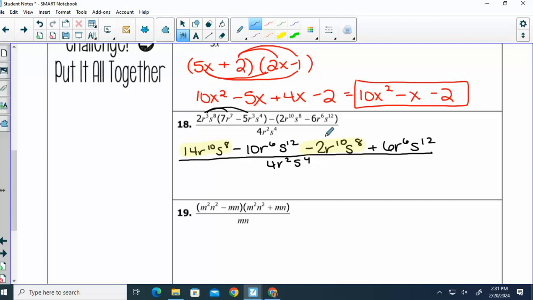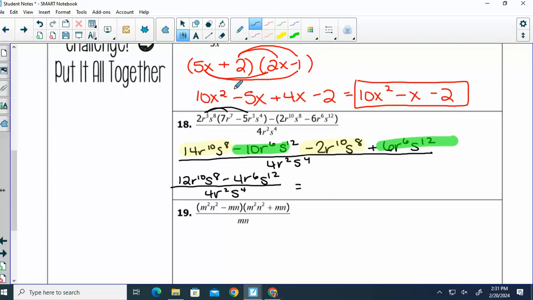So 14 r to the 10th s to the 8th minus 2 would give me 12 r to the 10th s to the 8th. Negative 10 r to the 6th s to the 12th and positive 6 would give me negative 4, divided by the 4r squared s to the 4th.